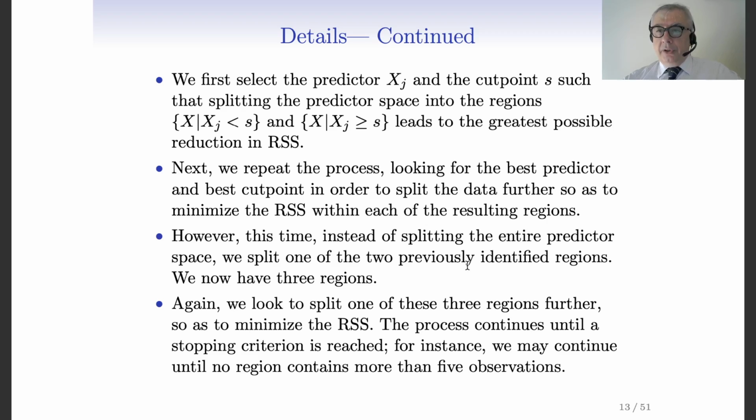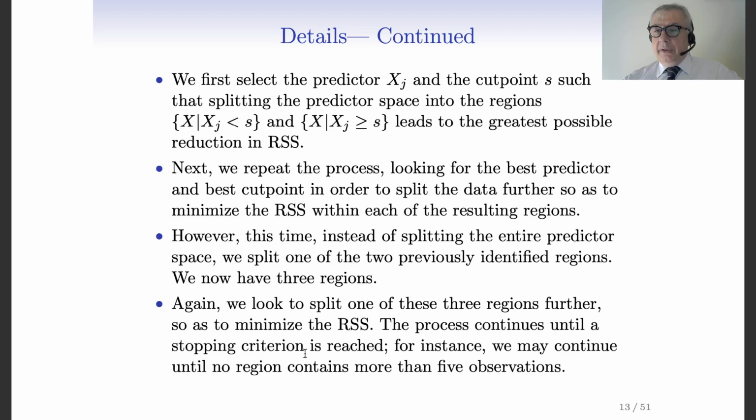So I split just these subregions. Okay. And so let's summarize. I start, I make a first splitting, I have two regions. Then I consider splitting either of these regions, and I find what's the best split. So I will split one of the two regions. At this point, I have three regions because I have one region generated by the first split, and the two further regions generated by the second level split.